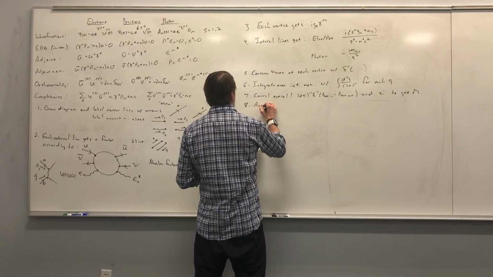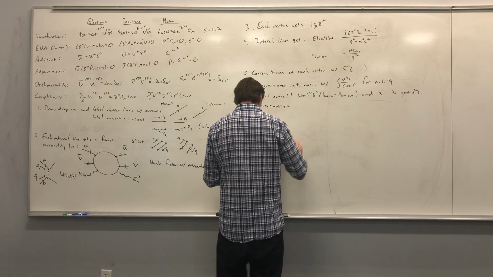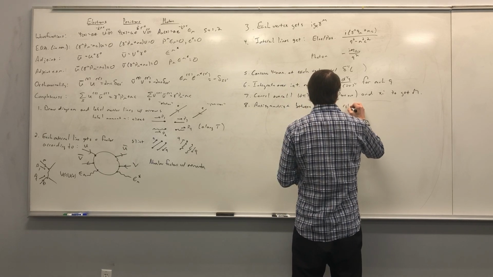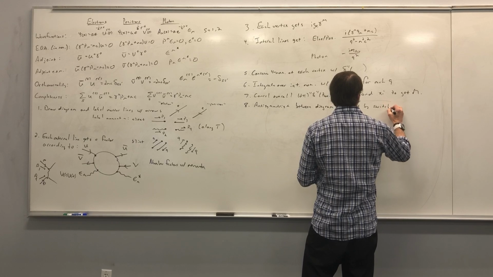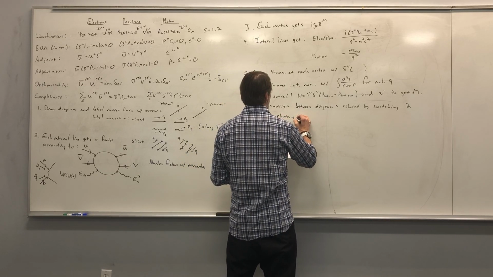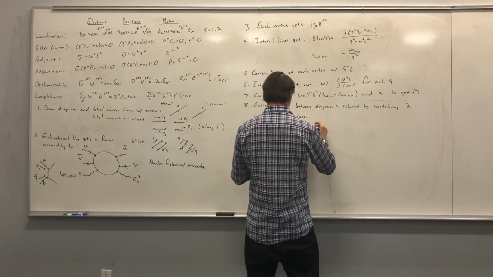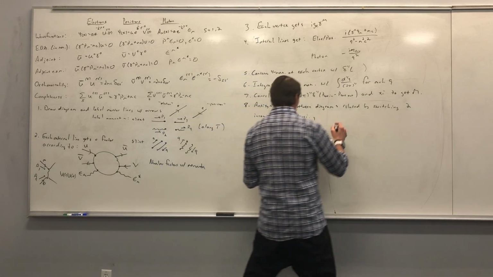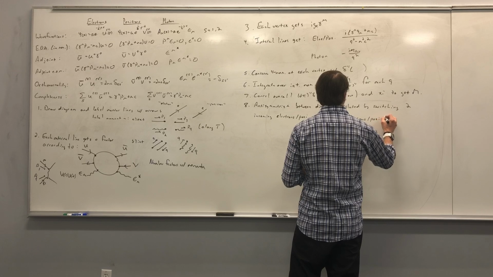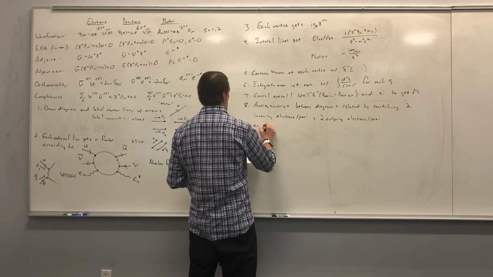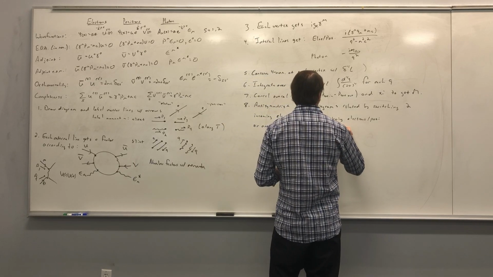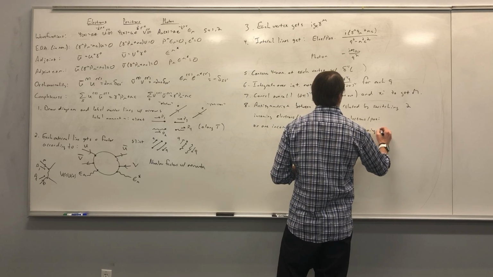So what we want to do is antisymmetrize between diagrams related by switching incoming electrons / positrons, or outgoing electrons, positrons, or one incoming electron, positron with one outgoing positron / electron.